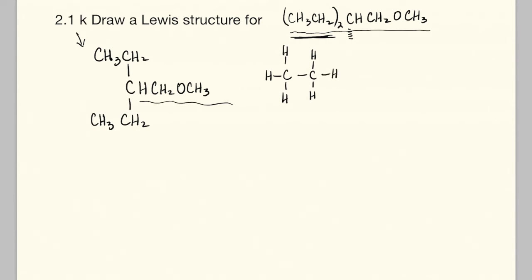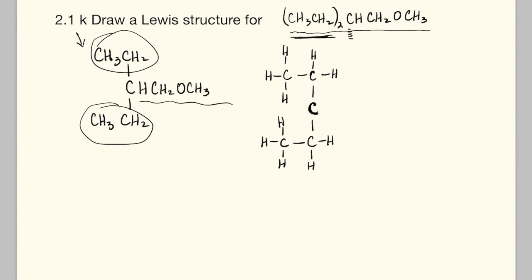Now, it doesn't matter where you position these H's, but I can see how I want to position them off to the upper right and to the right so that I can branch it down here. Okay, so there's my carbon in the middle. We'll come back to that. Let me finish up the CH2 down here and the CH3. Okay. So far we've built out the Lewis structure and showing all the bonds for that.